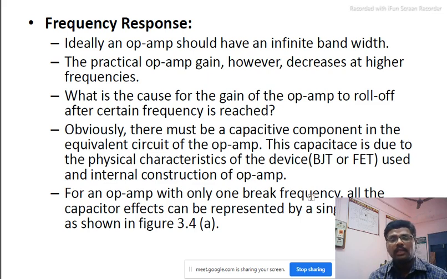BJT is called the bipolar junction transistor. Here it has two polarities, that is why it is called bipolar.